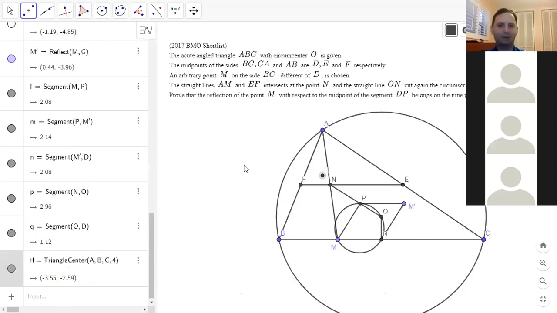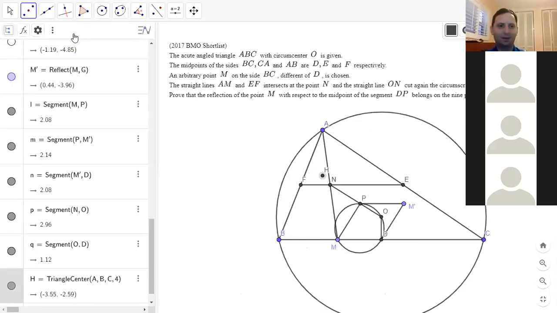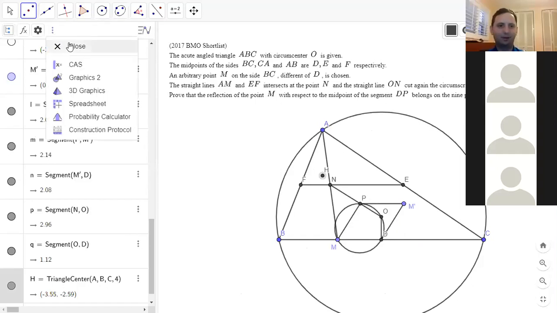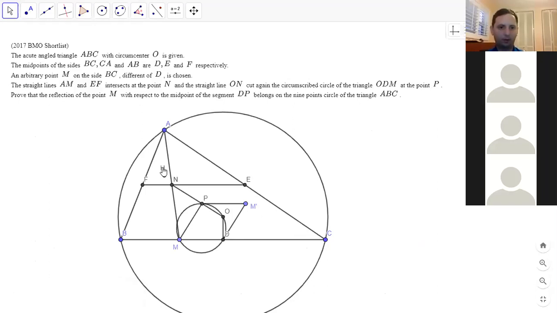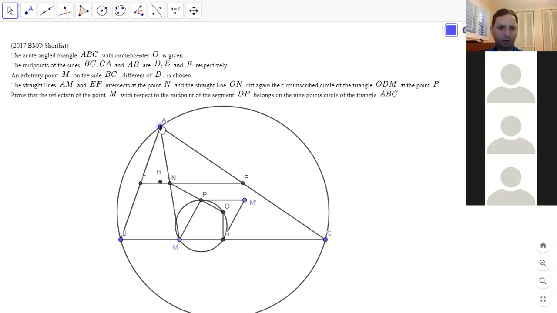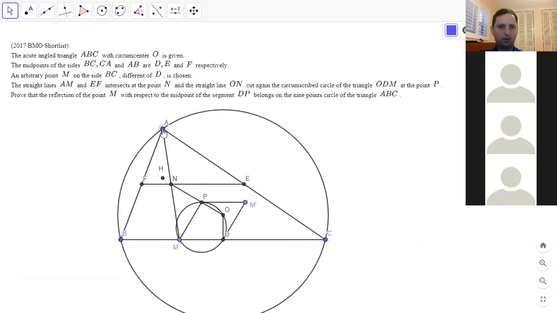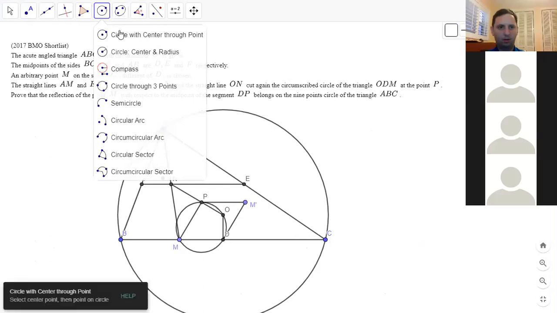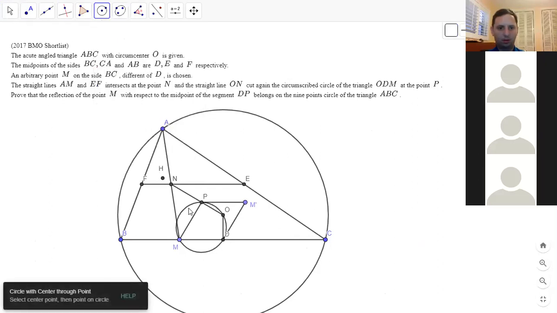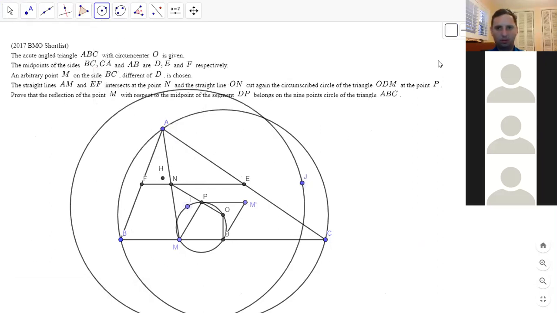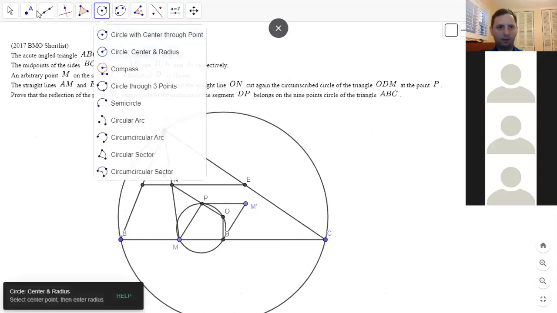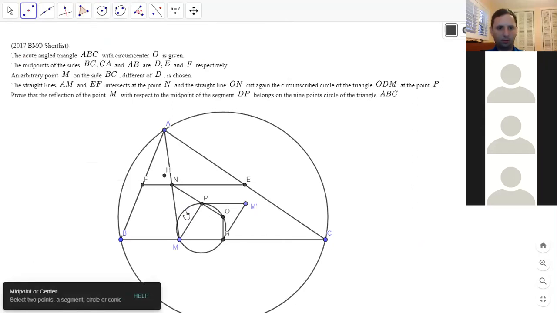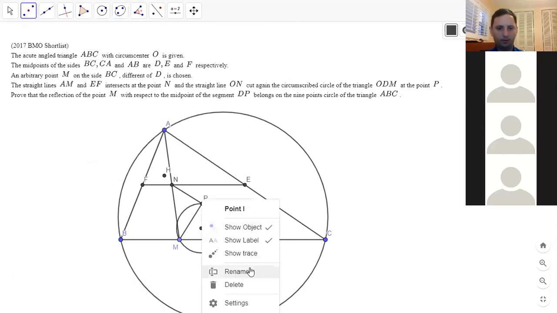Oh, it switched that to being the H actually. It deleted the other H. That's interesting. Okay, so this is the orthocenter right here. Sorry, it's just sticky. Call this J.